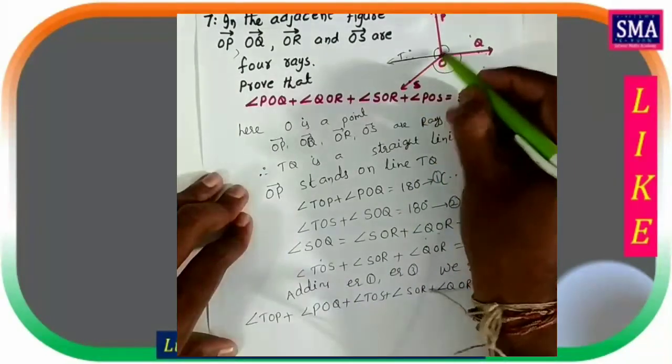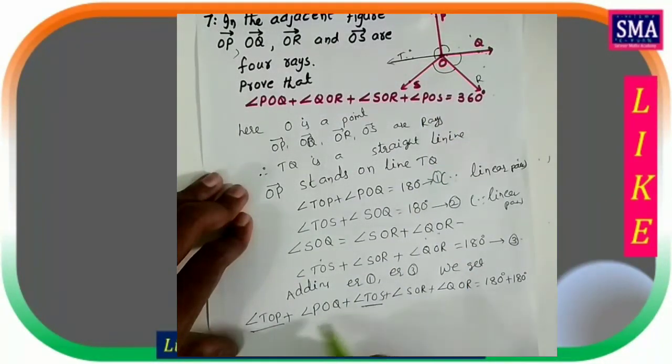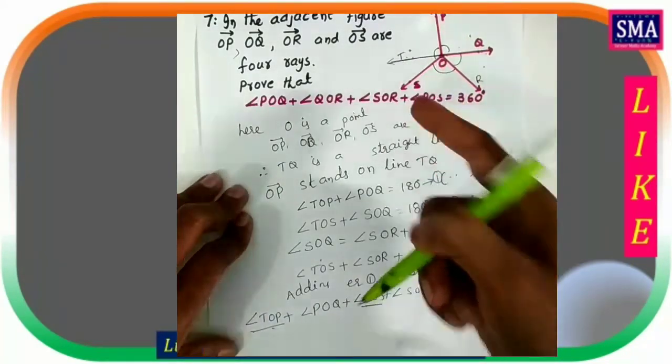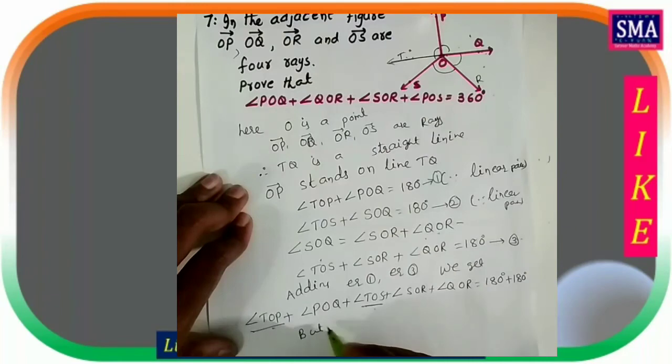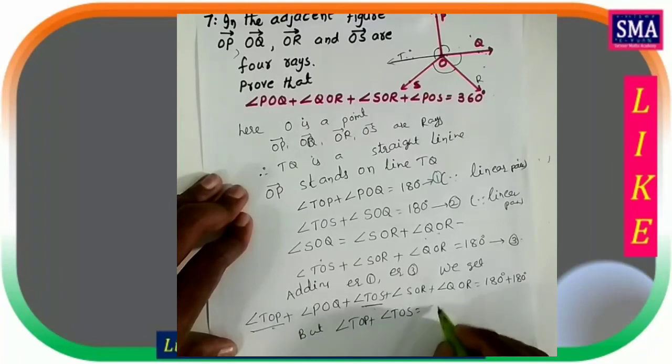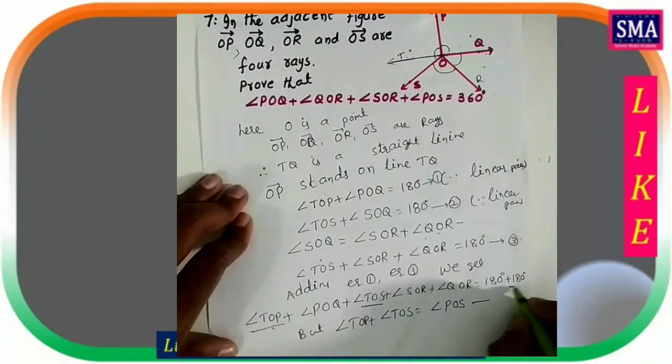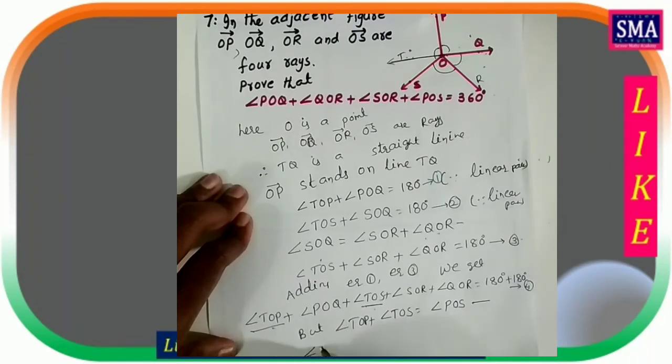Here TOP and TOS, these two sum to POS. So TOP plus TOS is equal to angle POS. This value is substituted in this equation. So POS plus angle POQ plus angle SOR plus angle QOR is equal to 360 degrees.